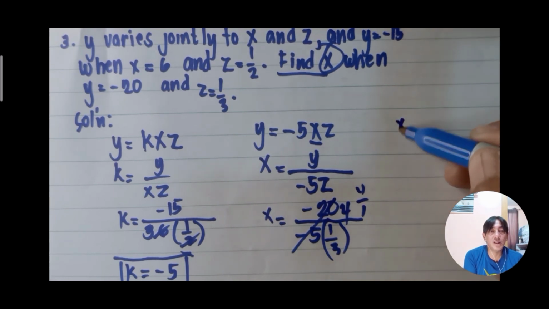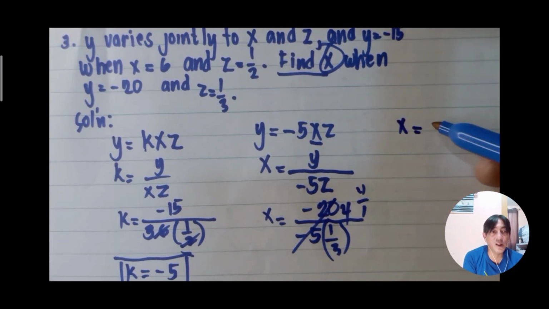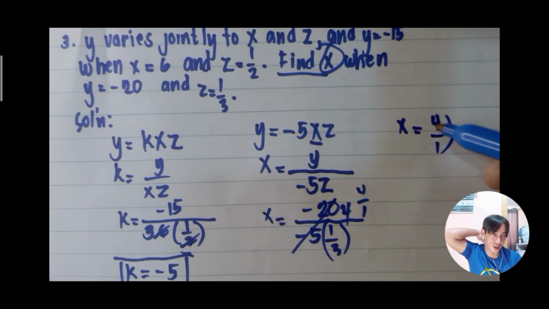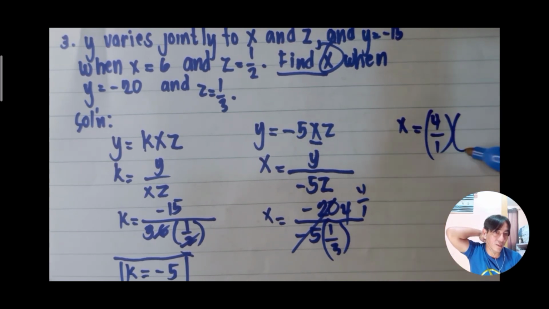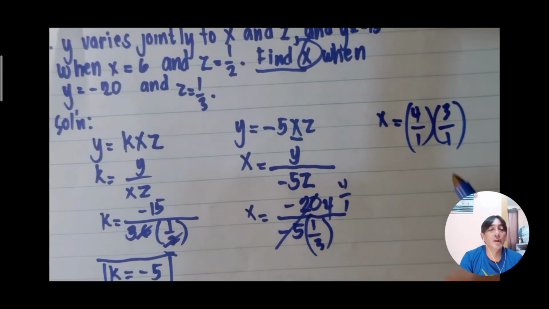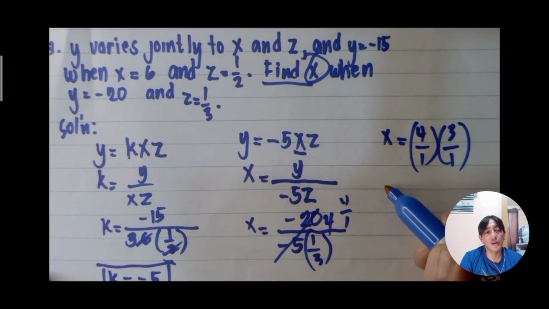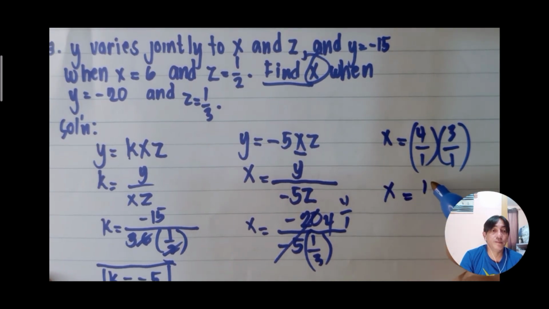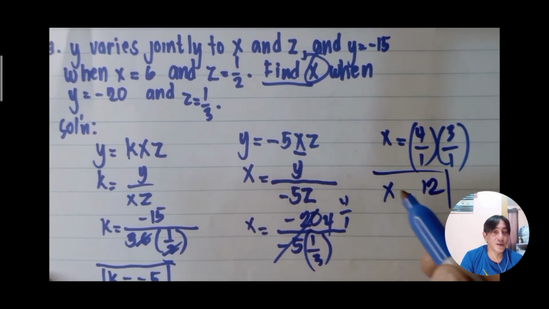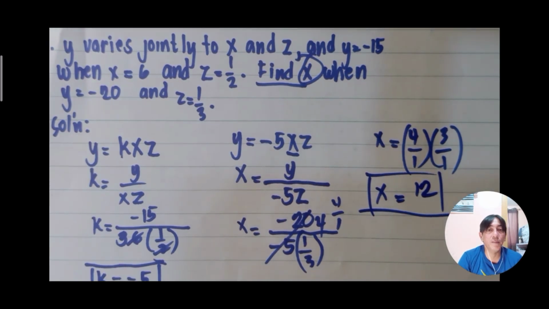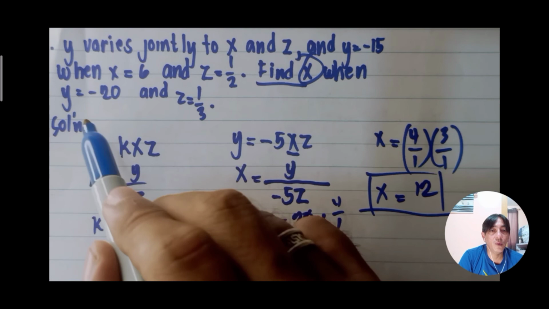So, proceed tayo as in multiplication. Kunin mo lang yung reciprocal ng denominator. So, 4 over 1 times the reciprocal of 1/3, that will be 3 over 1. Then, multiply natin ang numerator, multiply natin ang denominator. x now will be 12.